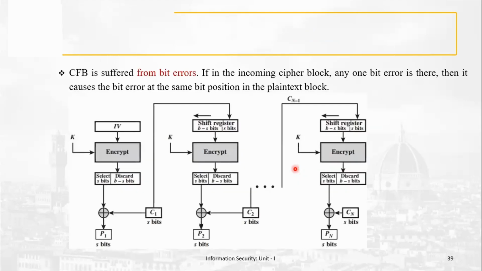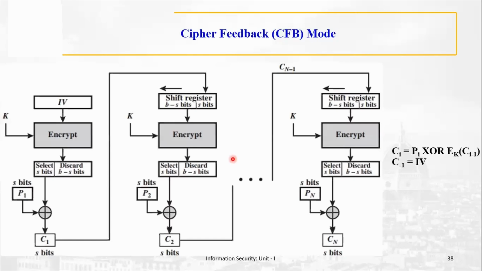Okay. So if you have noticed in CFB mode, we are not encrypting the plain text. The encryption algorithm, let's say you are using DES or AES, is actually encrypting the IV directly. You're not encrypting the plain text.